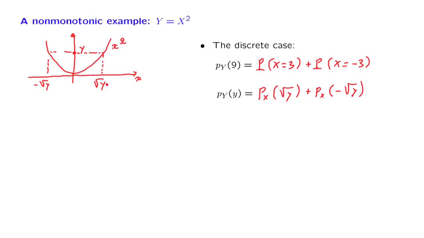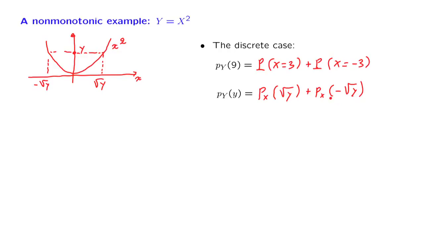We have here a situation where the function that we're dealing with is not invertible. For a given value of y, we cannot find a single value of x that will lead to that y, but instead we typically have two values of x that lead to that particular y, namely the positive and the negative square root of y.